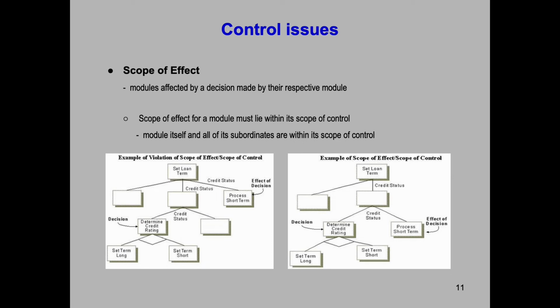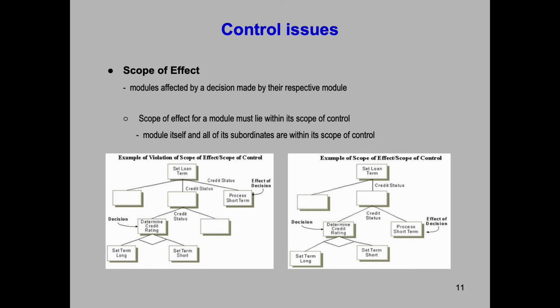Looking at an example at the bottom left, you can see a program that takes a credit score and decides if they are able to get a short-term or long-term loan. You can see a decision down there where, based on the credit rating, they're going to set their term as long or short. The effect of this decision is actually outside of its scope of control.